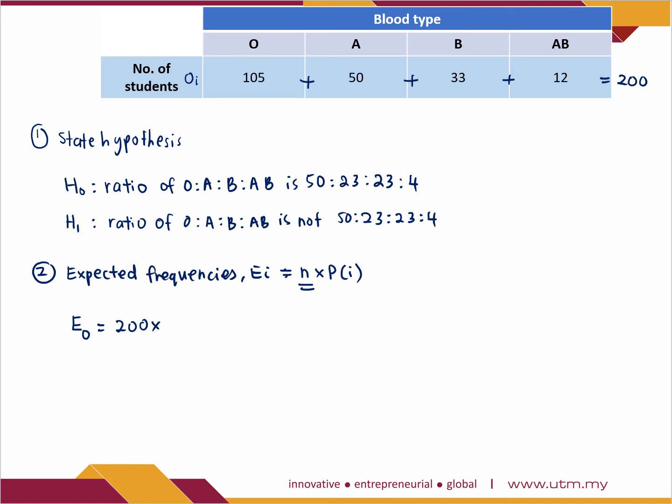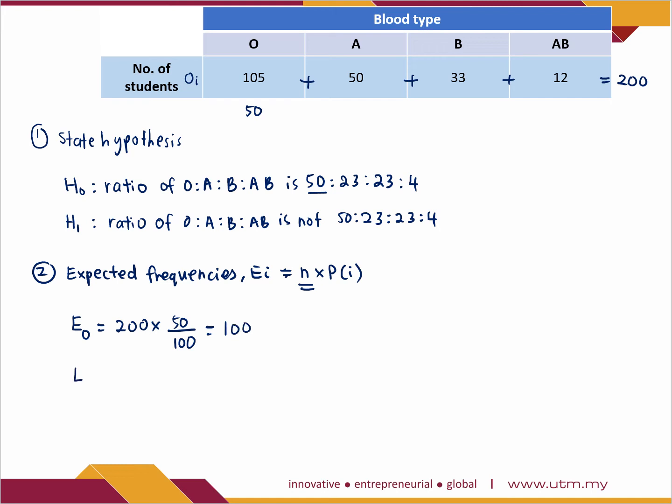The probability that a student has blood type O is given from this ratio. So it would be 50 over, the total of this being 50 plus 23 plus 23 plus 4, so 50 over 100. So the expected number of students for blood group O would be equal to 100.